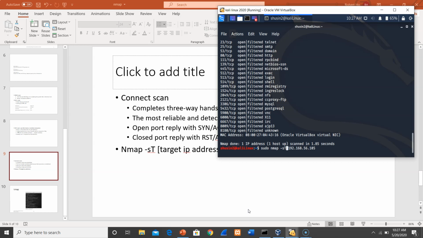If students do not know what this three-way handshake is, when the communication is started, it will send you a SYN, then SYN-ACK, and then ACK. Okay, remember that: SYN, SYN-ACK, and ACK. That's called a three-way handshake.